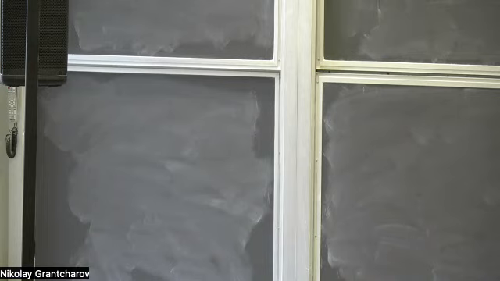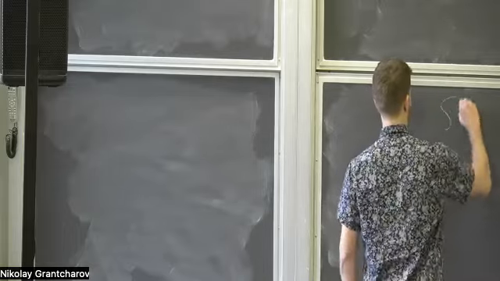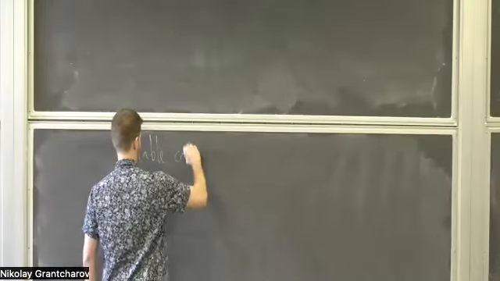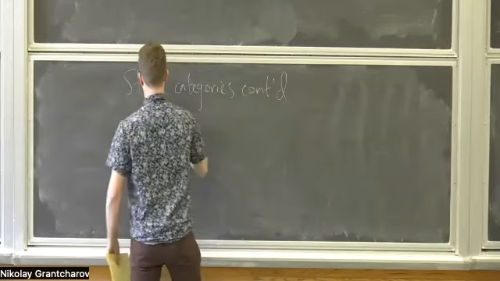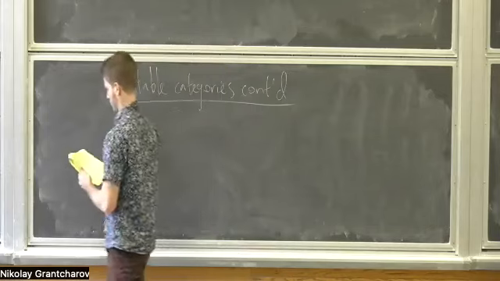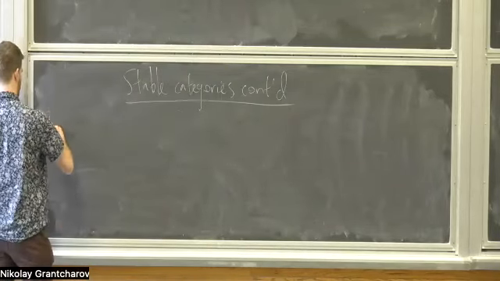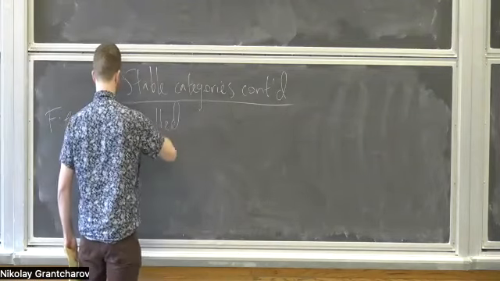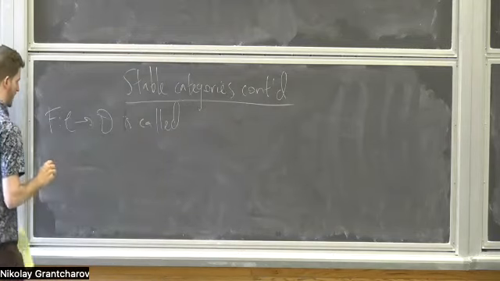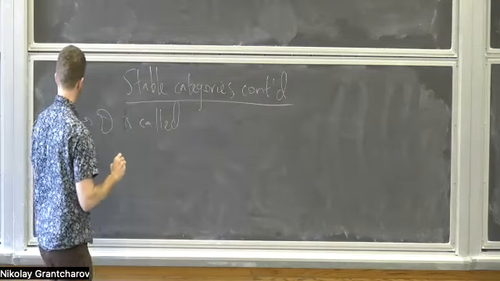All right, so I'll start where we left off, which was talking about stable categories. I just have a couple things to say about that. This is some terminology which is also used in ordinary category theory in this form.